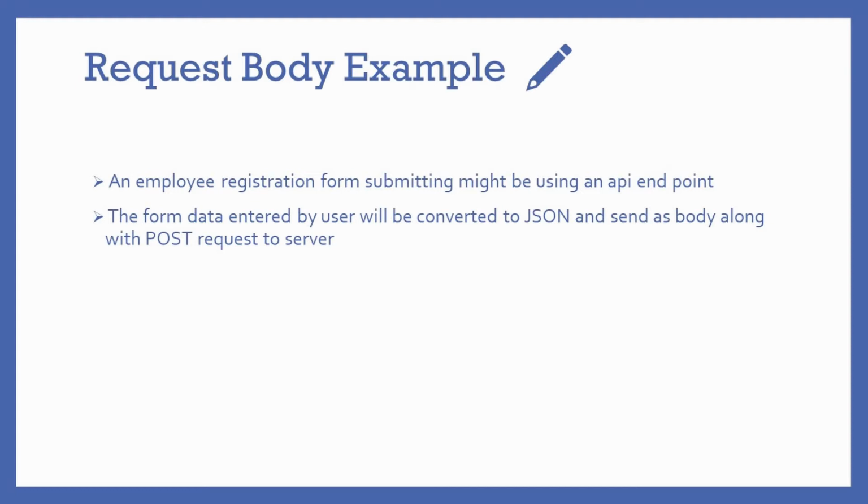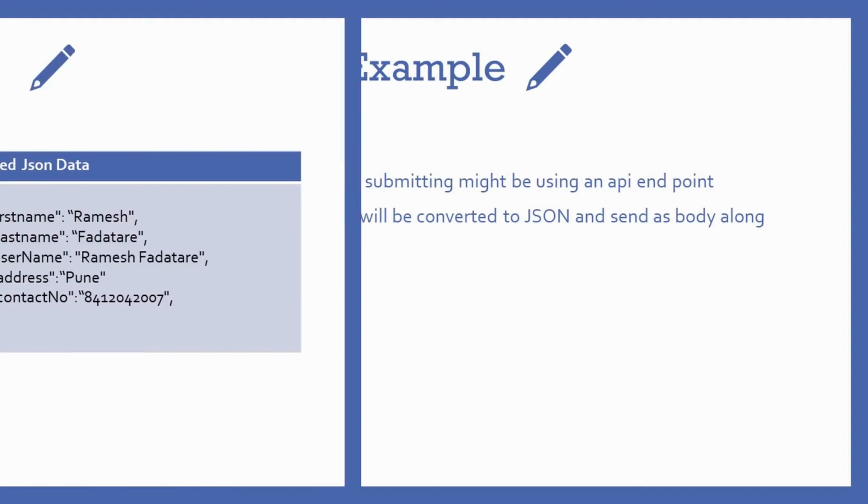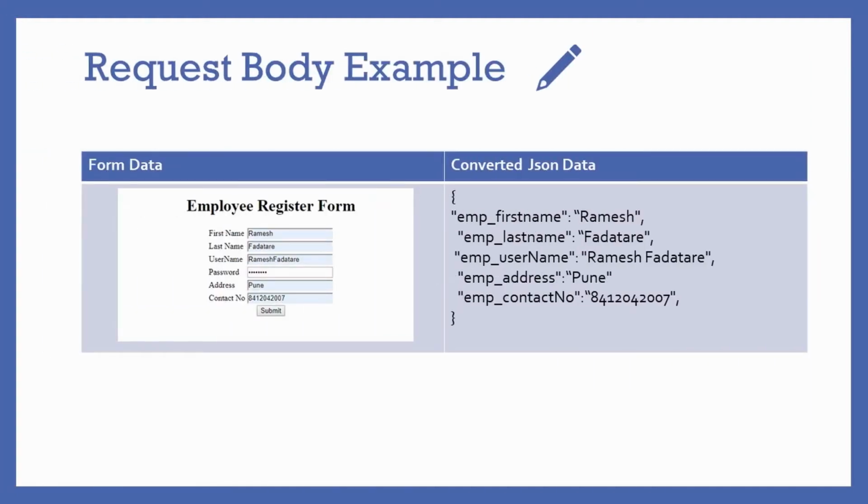At that time, the portal might be using a REST API and sending the employee information to the database. The form data submitted by the user will be converted to JSON. Developers either use a third-party library or write a programming script like JavaScript to convert form data to JSON, and that gets submitted along with the request.